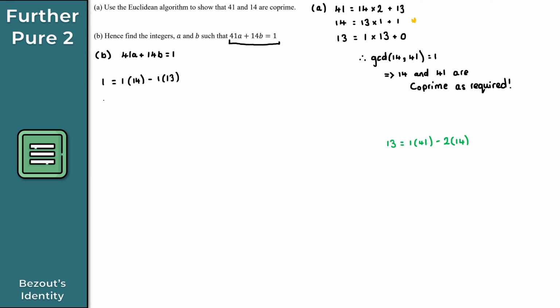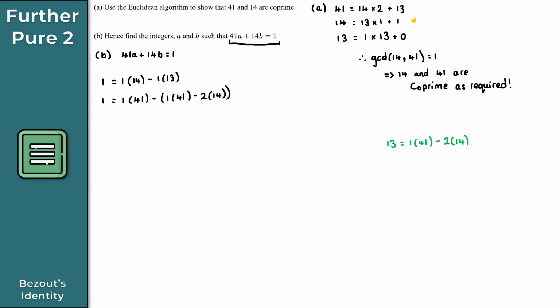Okay. So if I do that underneath, what I get is 1 is equal to 1 lot of 41 minus 1 lot of 13. So that's minus this here. If I do it in a bracket, what I get is 1 lot of 41 minus 2 lots of 14, close those brackets like so.